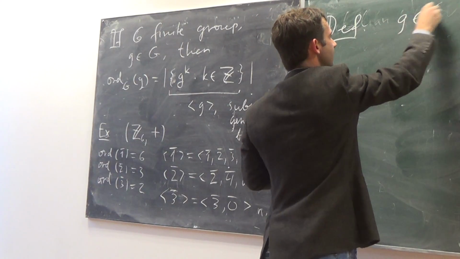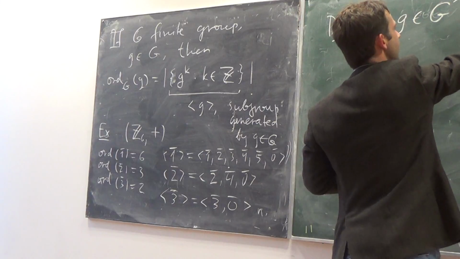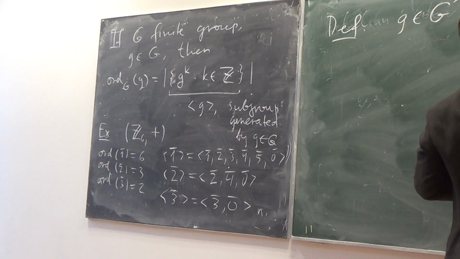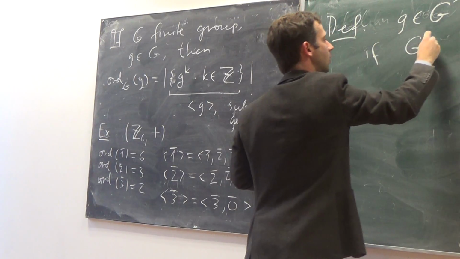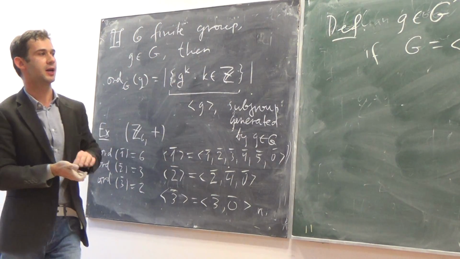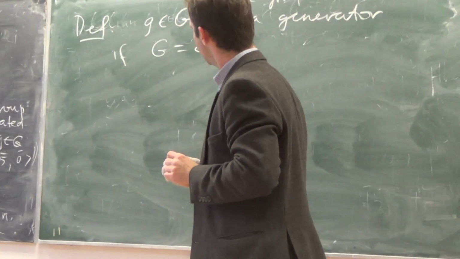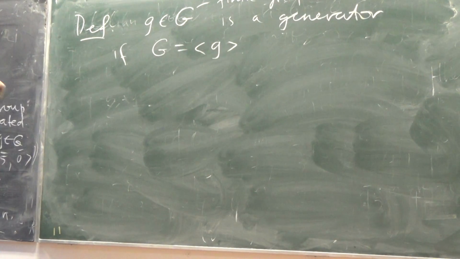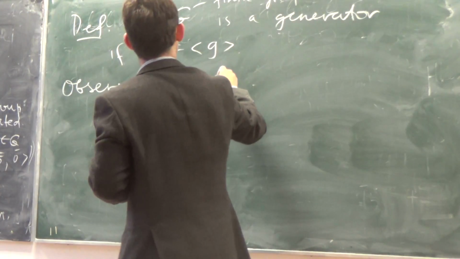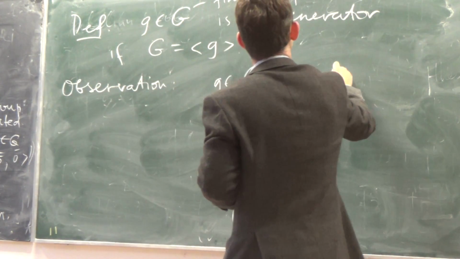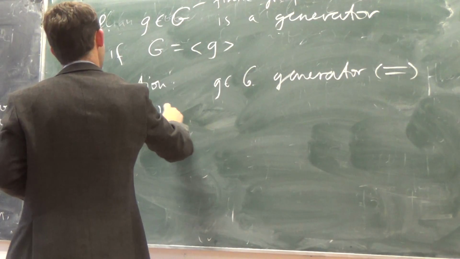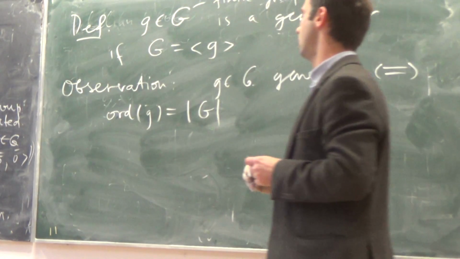Let g inside G, which is again a finite group, be a generator if G coincides with the set of powers of g. And the observation is, here comes something important: g is a generator if and only if the order of g is equal to the order of the group.